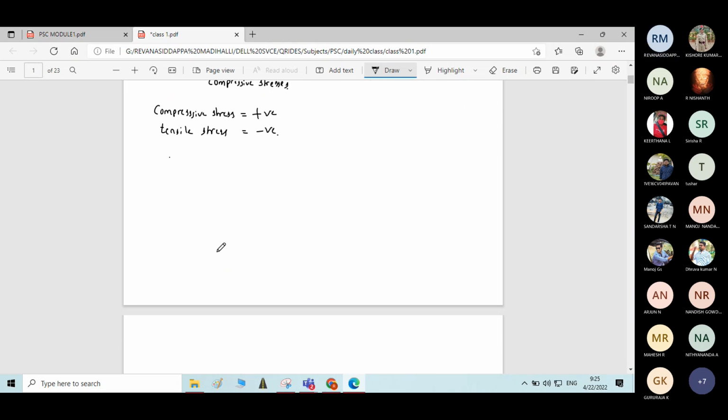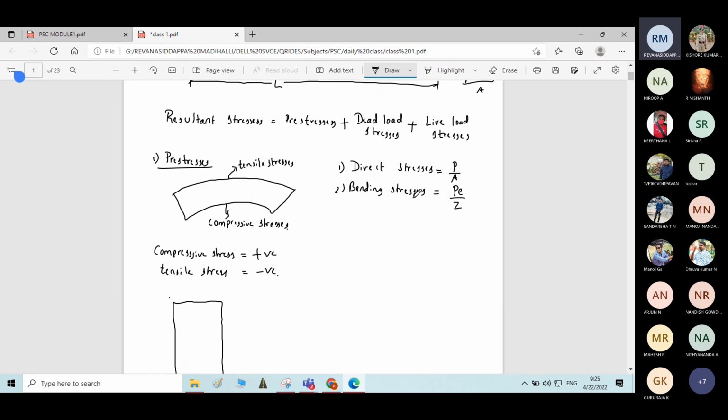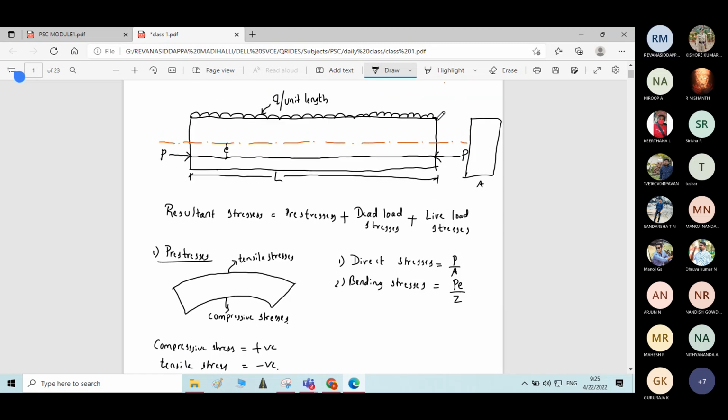Now I'll write the distribution of the direct stress due to prestressing force. So what about the direct stress? At all points along the depth of the beam, the direct stress is compressive only.